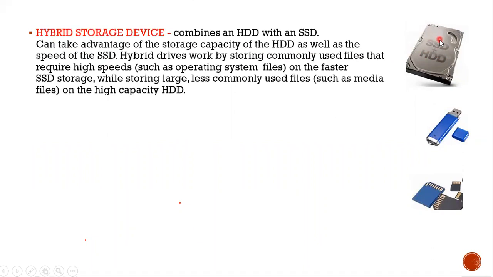Solid state drives come in smaller capacities than your hard disk drive, but are faster. So by combining them in a hybrid storage device, you get the speed of your solid state drive together with the large capacity of your hard disk drive. So the two built in one forms your hybrid storage device.